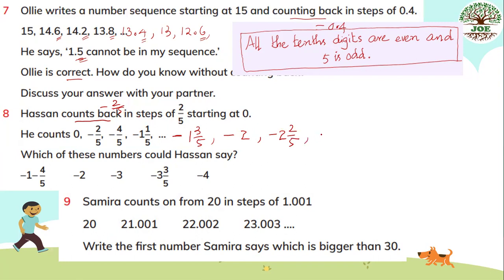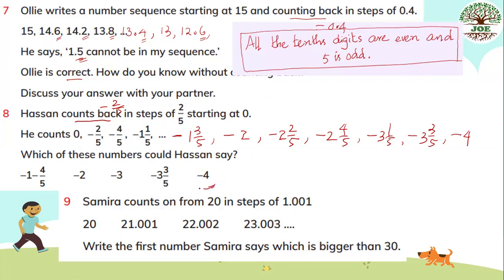And again, -2 4/5, and negative 3 1/5, and negative 3 3/5, and another 2/5. We get negative 4. Let's stop here because negative 4 is here.